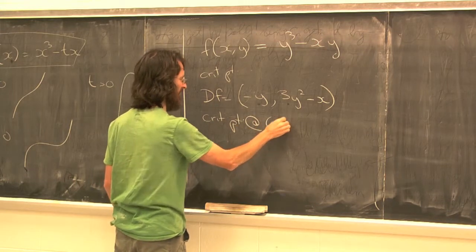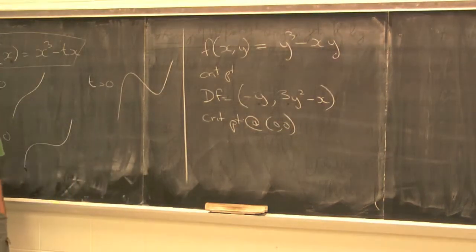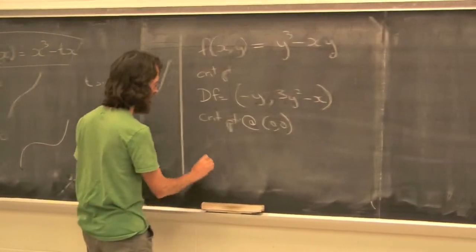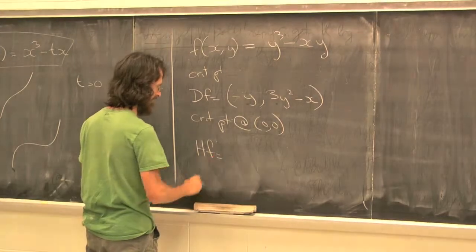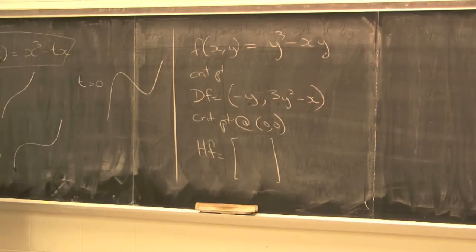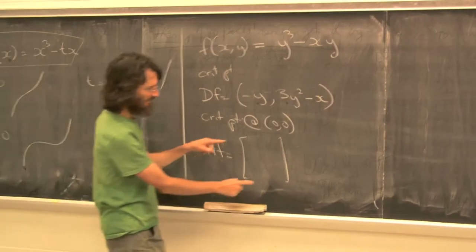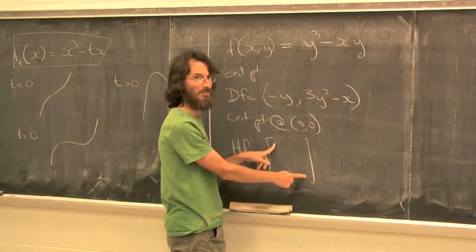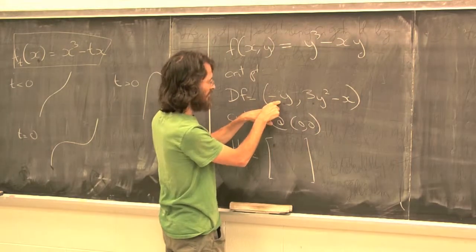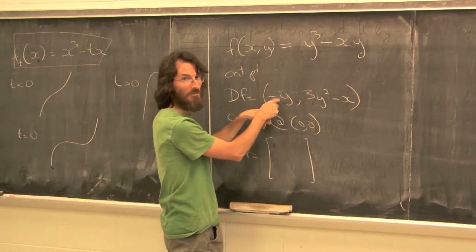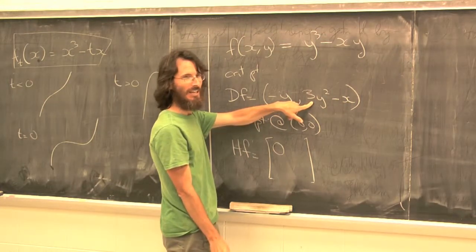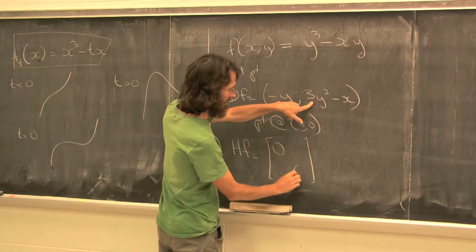So the critical point is at 0, 0. Let's go ahead and see if that critical point is degenerate or not. Let's compute the Hessian. Modulo not remembering which are rows and which are columns, the diagonals are the partials with respect to x with respect to x. So this was the partial with respect to x; now I differentiate with respect to x again, I get a 0 there. This was with respect to y; I differentiate again with respect to y, and I get a 6y.